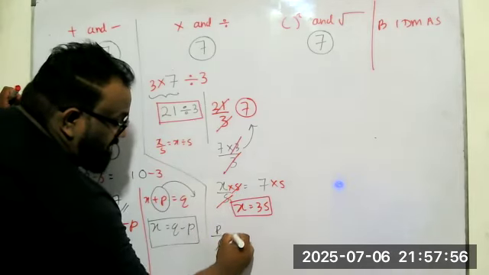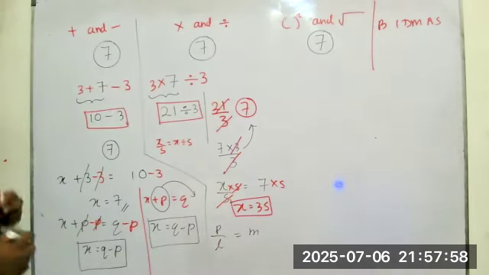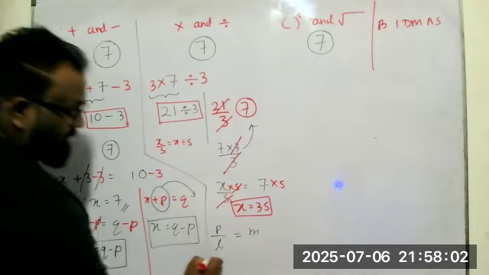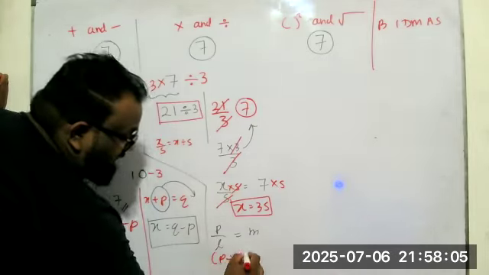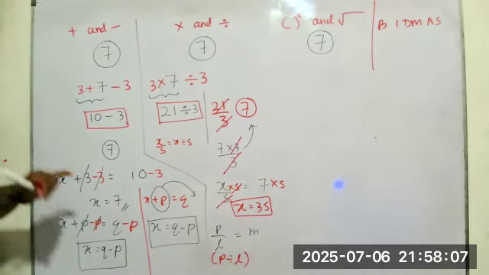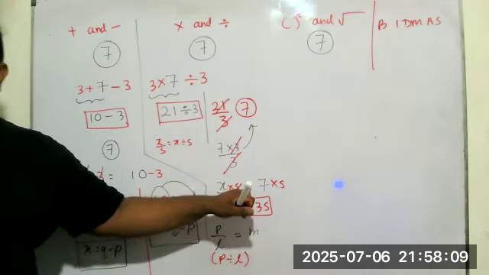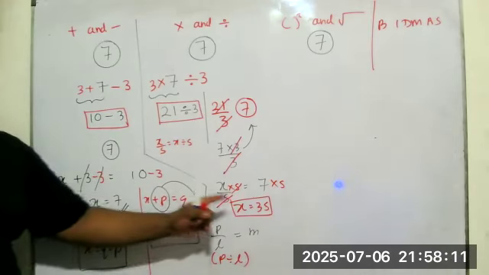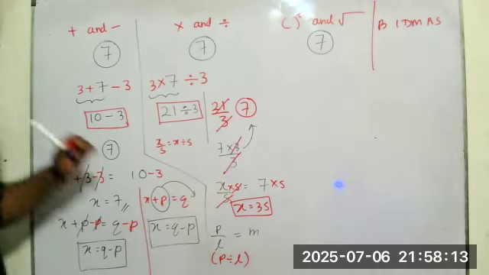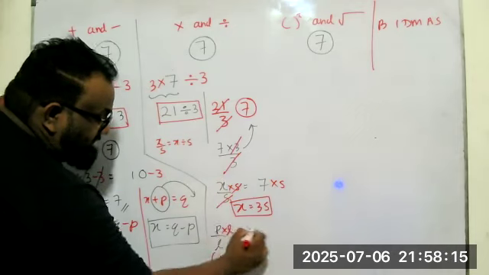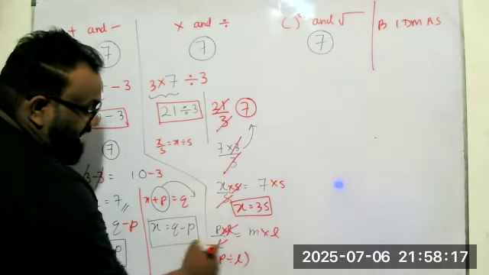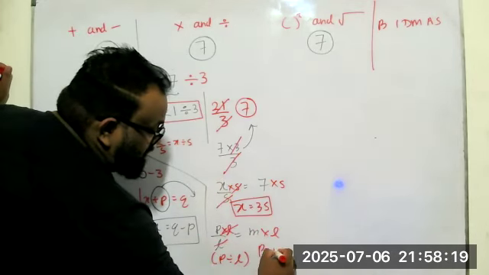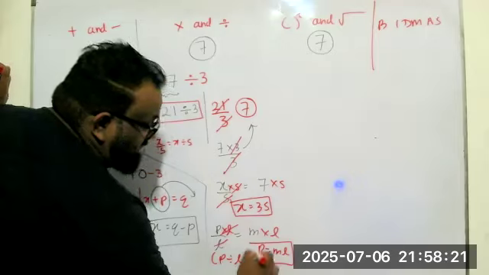Now let's try this with letters. P over L is equal to M. We understand here that P is divided by L, correct? So rather than doing this multiplication on both sides, what can I do? If you want, of course, you can do it, where we cancel off and P is equal to ML. You get the answer.